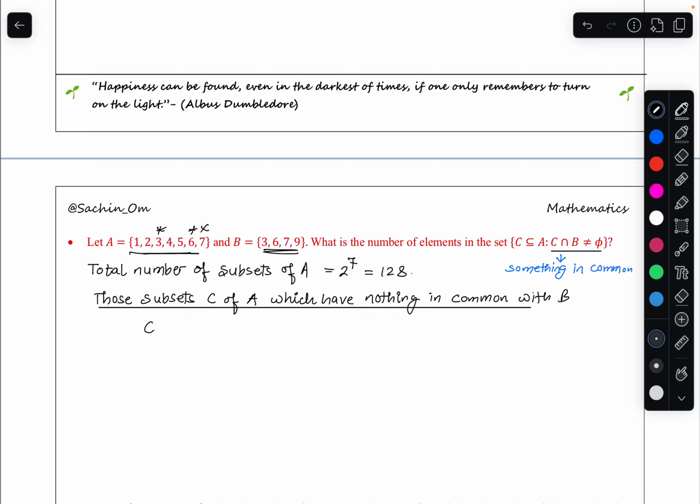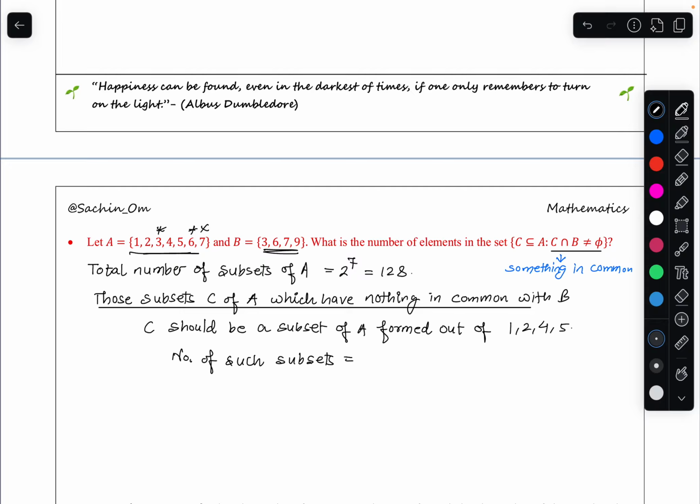So C should be a subset of A formed out of the elements 1, 2, 4, and 5, which means the total number of such subsets would be, there are 4 in number, these elements.